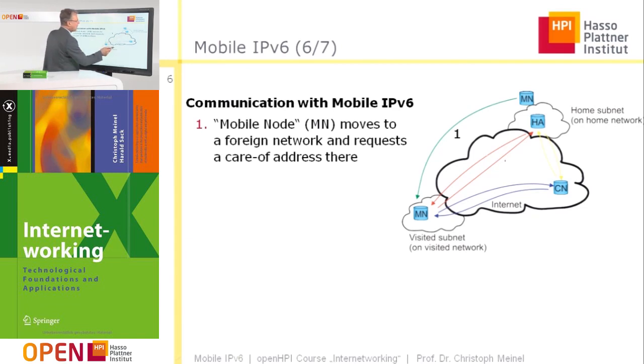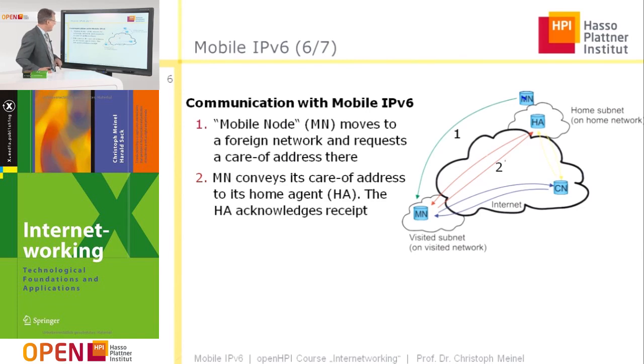Here we have a mobile node. MN is a mobile node, which is originally here in the home network. This big cloud is the internet. So that's the home network of our mobile node. And let's assume that the mobile node now moves to another guest network, the visited subnetwork. So the mobile node moves to a foreign network and then it requests the care-of address, registering in this guest network.